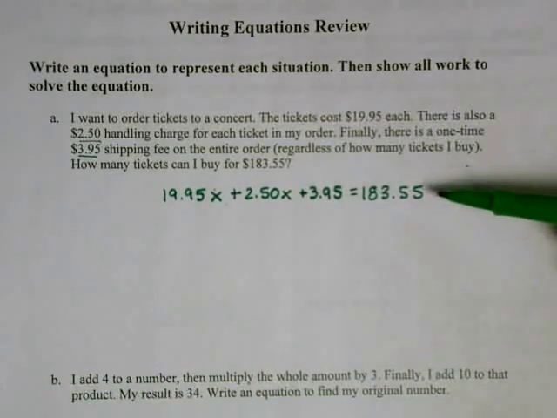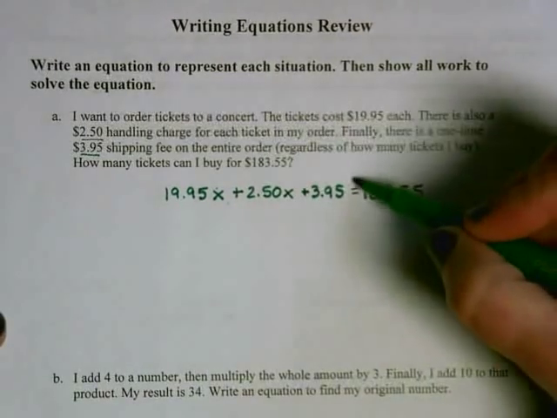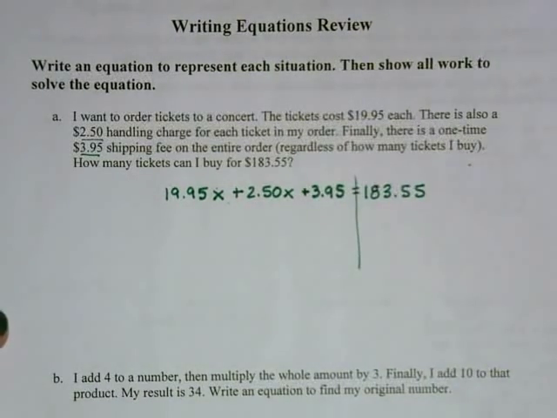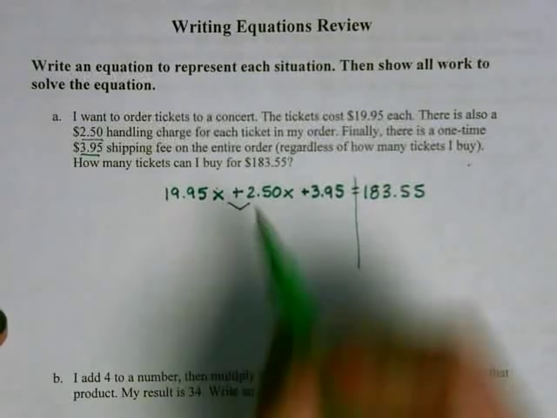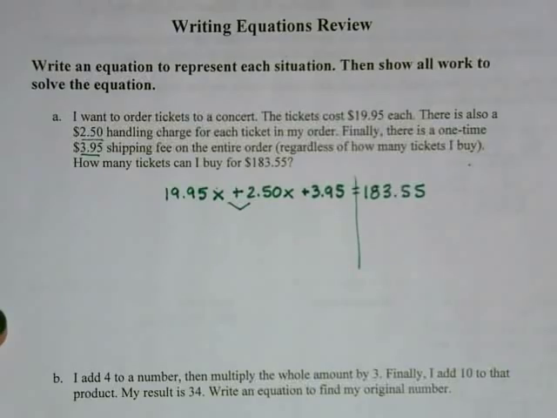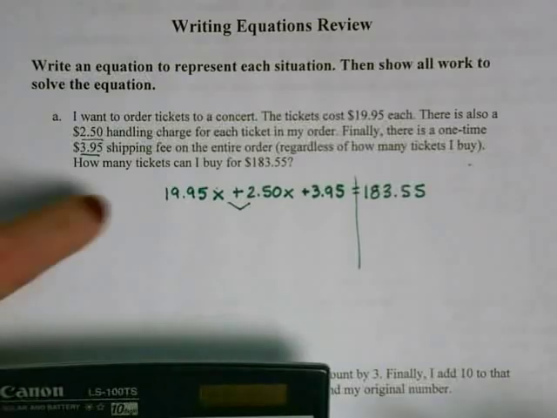Here's our equation. Now in order to solve it, there's my equal sign. I've just got to simplify this left-hand side first, and I can actually just put these together. I'm going to combine the like terms because they both have the same variable on there so that we can just add them together. So I'm going to do $19.95 plus $2.50, and you can do this in your head.